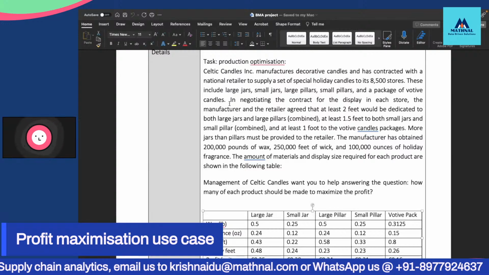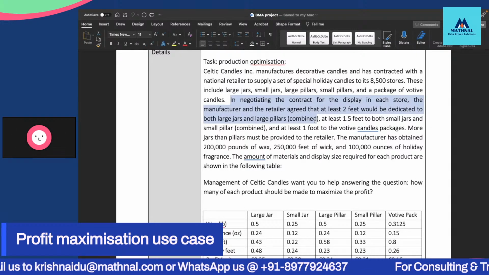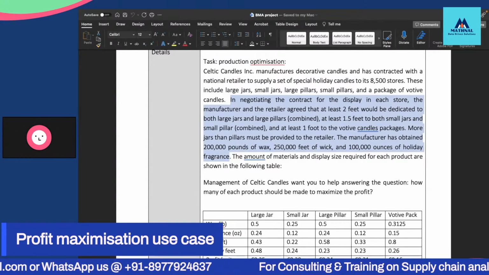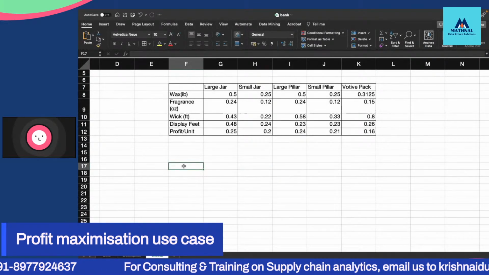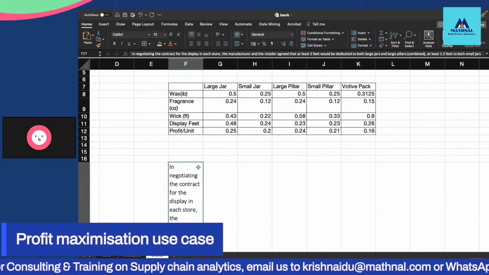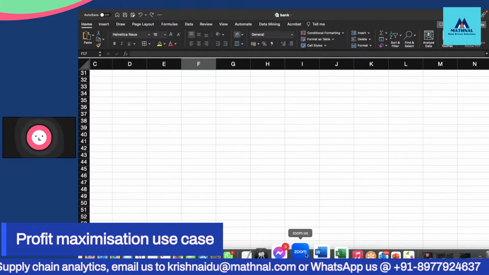So I'll take this information in the negotiated contract. I'll take this additional information from here. It is better to take a screenshot.